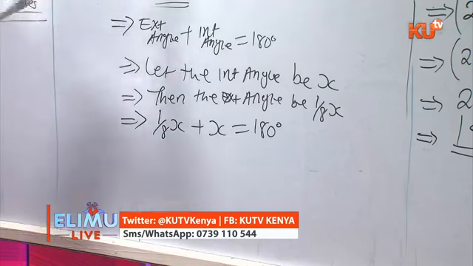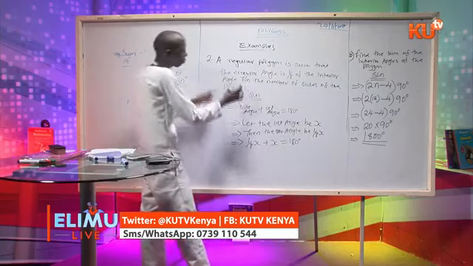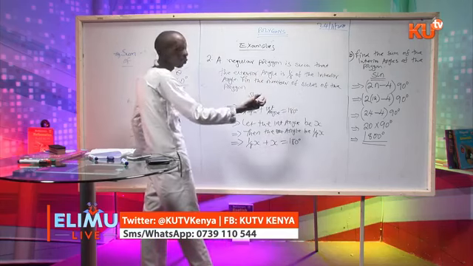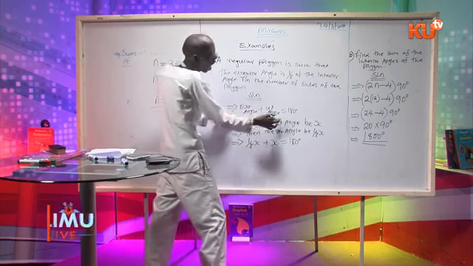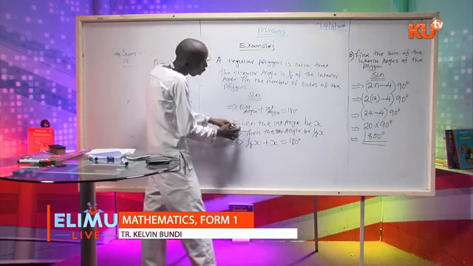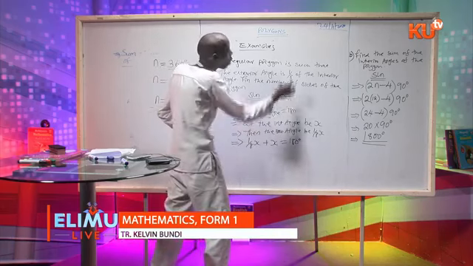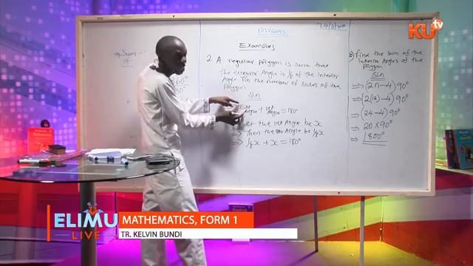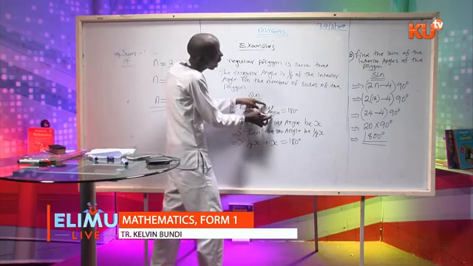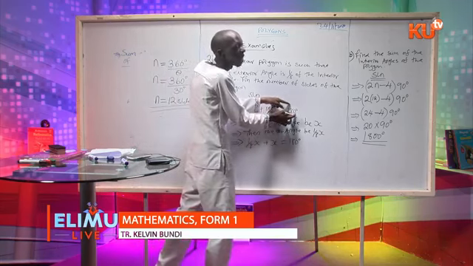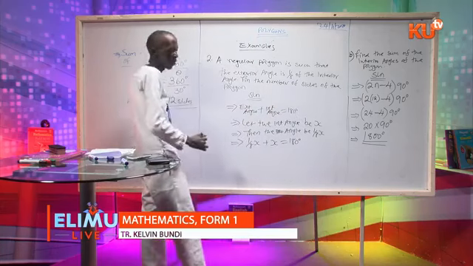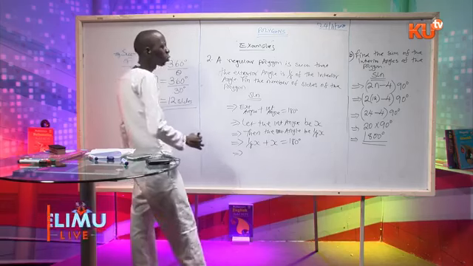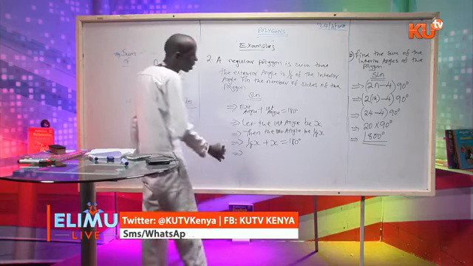Let us note well, a regular polygon is such that the exterior angle is 1/8 of the interior angle. We have let the interior angle be x. Therefore, the exterior angle will be 1/8 of x. And we know that the exterior angle plus the interior angle is equal to 180 degrees. Then 1/8x plus x is equal to 180 degrees.